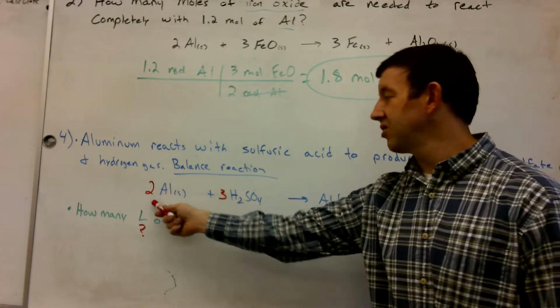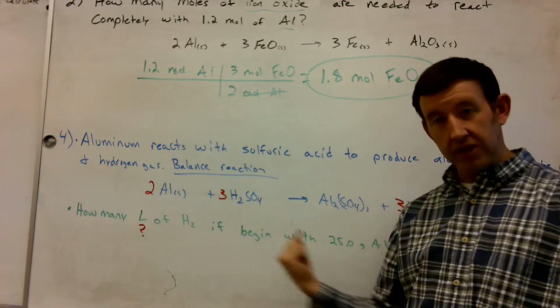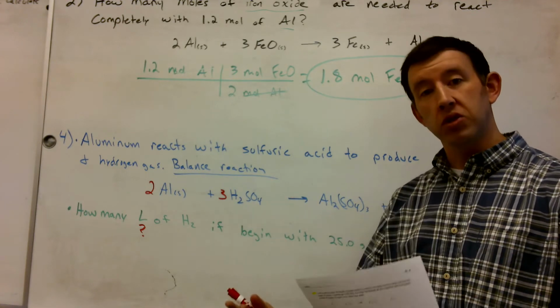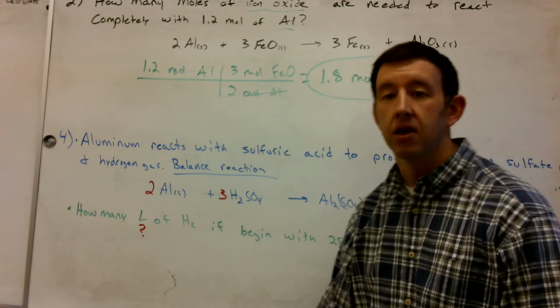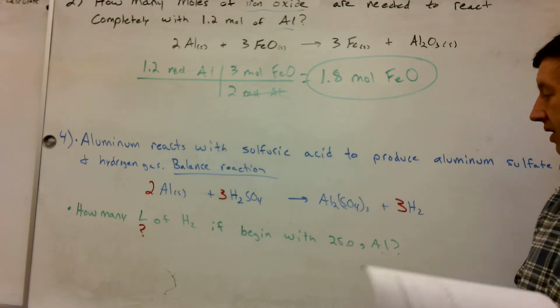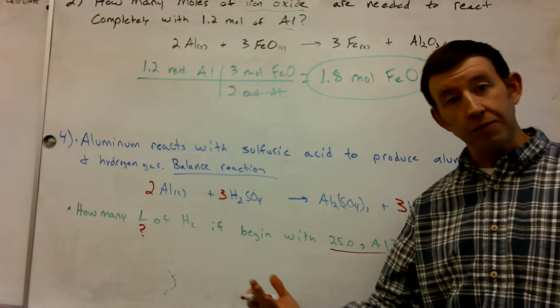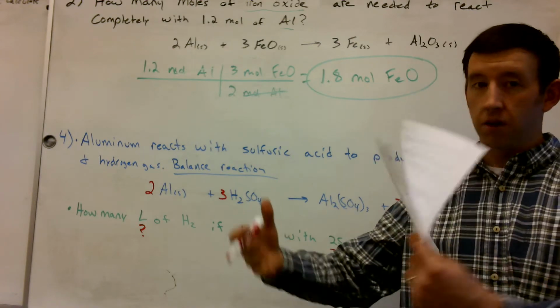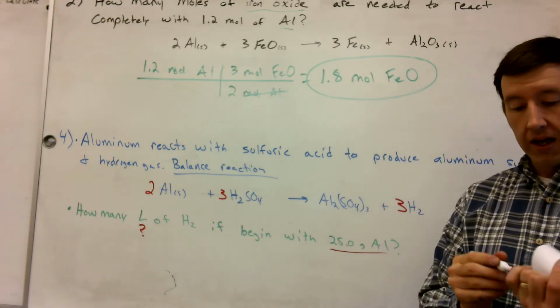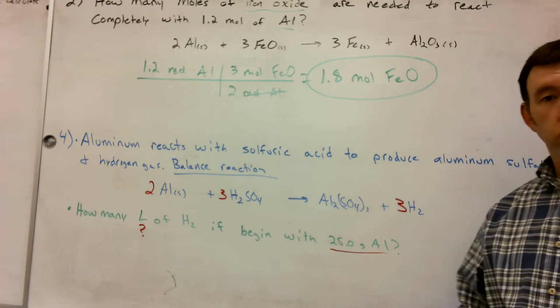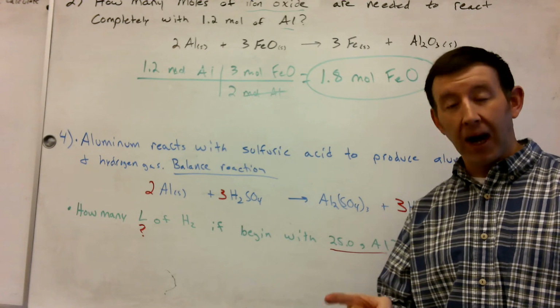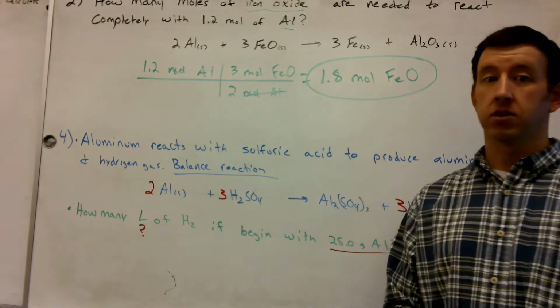So the only way I can use this reaction to help me figure this out is to put the numbers that I have into moles, right? So what number am I given? I'm given 25 grams of aluminum, right? So I need to convert 25 grams of aluminum into X number of moles of aluminum, all right? And how do we go from grams to moles? We divide by molar mass, okay?